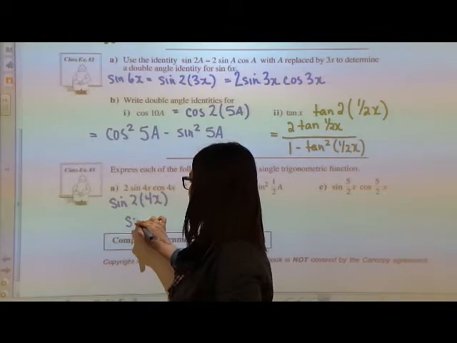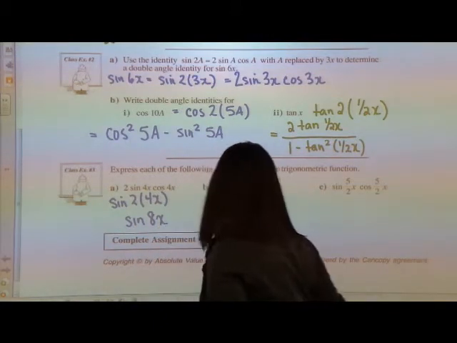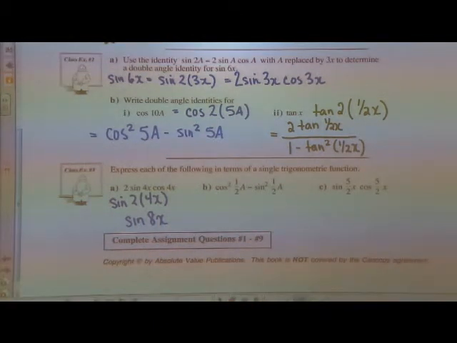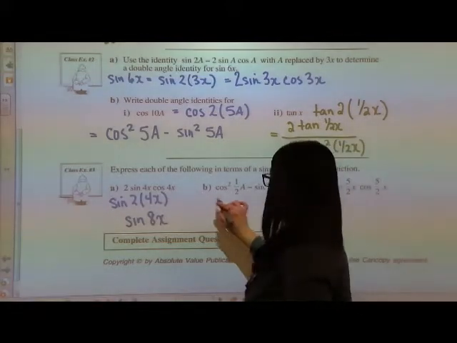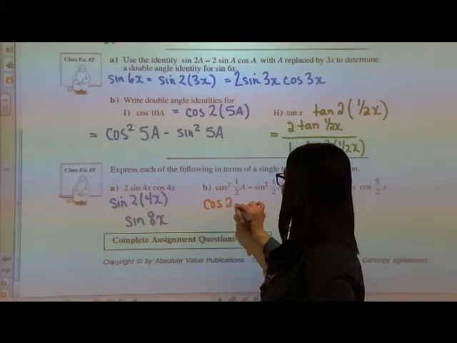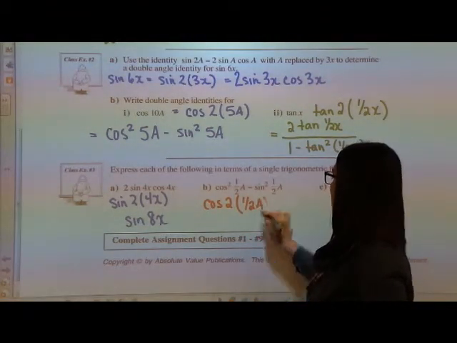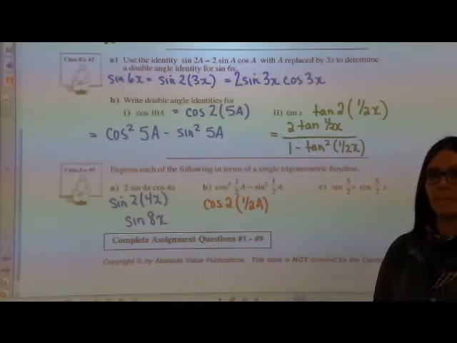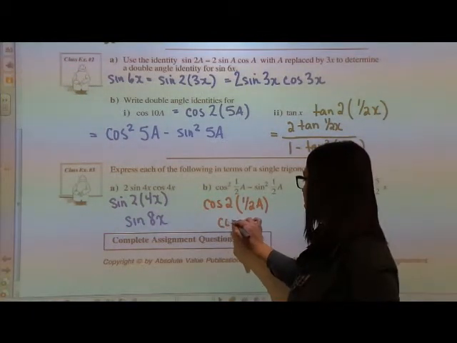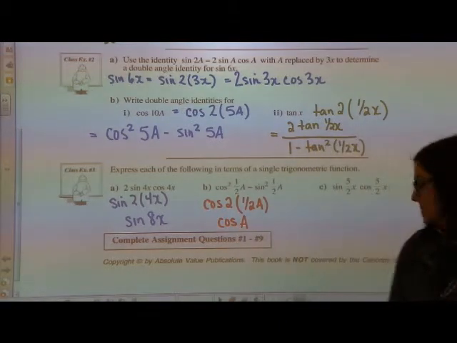So I get sine 8x. Okay, what about cos squared 1/2 a minus sine squared 1/2 a? Cos 2a. Well, what's a equal to? 1/2. And what is 2 times 1/2 a? So this would be equal to cos a.